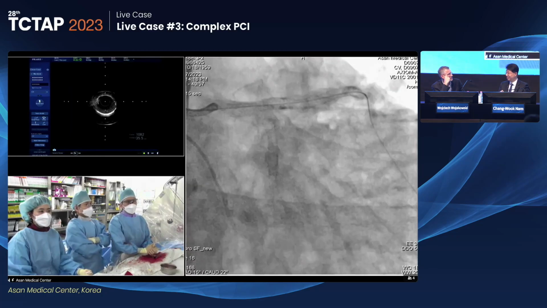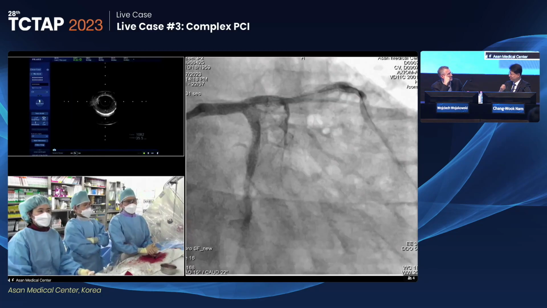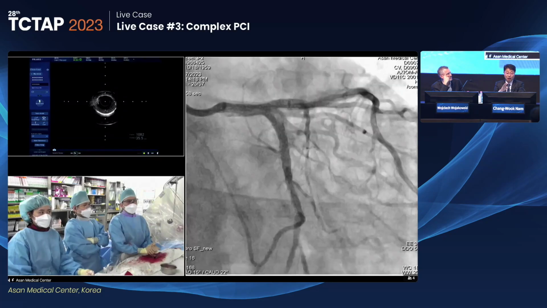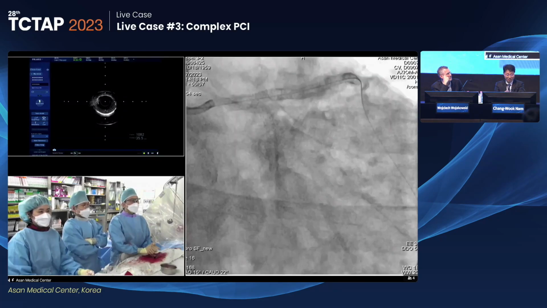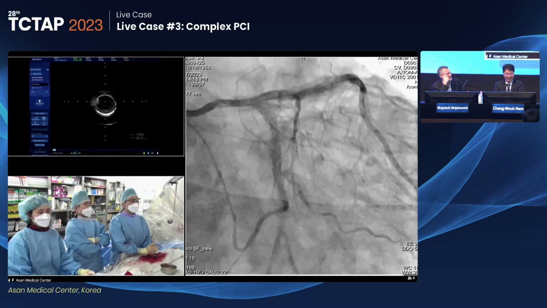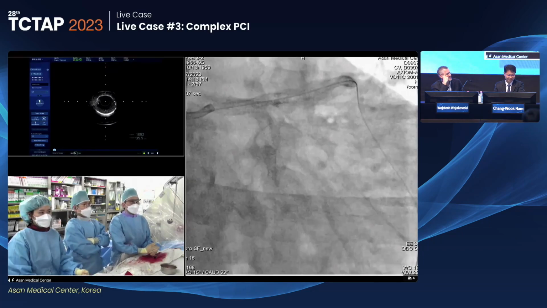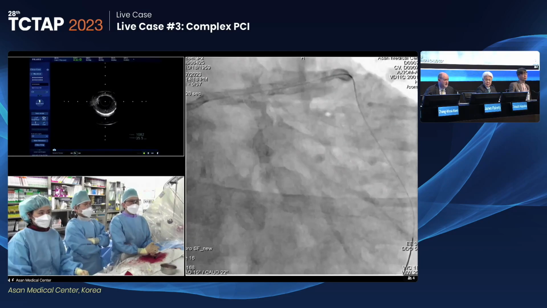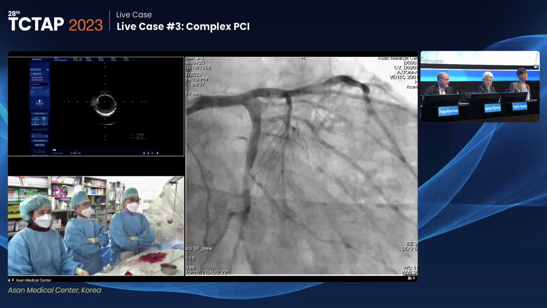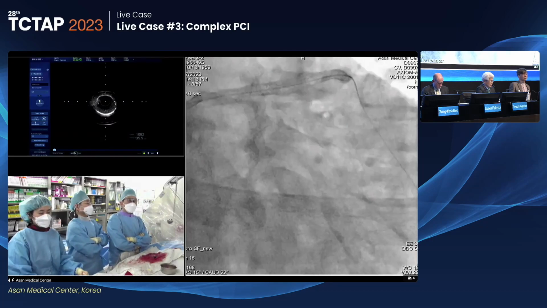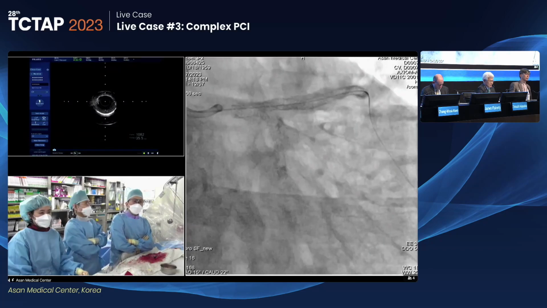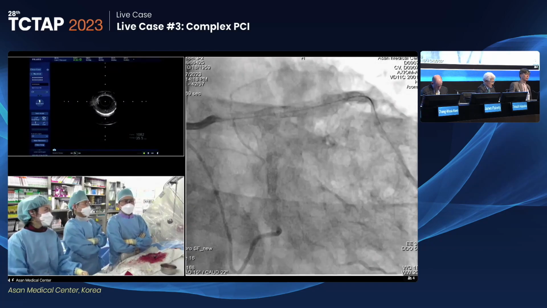If we could do that, a high pressure balloon should be applied at the ostium of LAD. But right now, it's better to quit the procedure. Yeah. But it may have recoiled because there's a lot of external calcium. It may have been optimal at the time of the first PCI. Okay, I will follow the patient for 6 months and 1 year, and at the next TCTAP, I will show how the patient is doing.